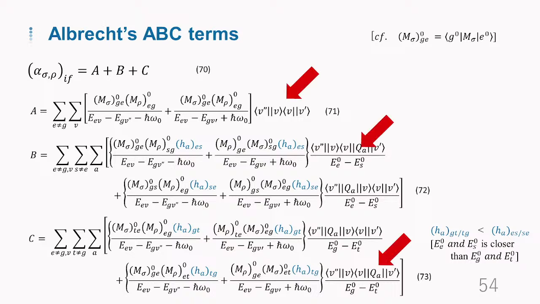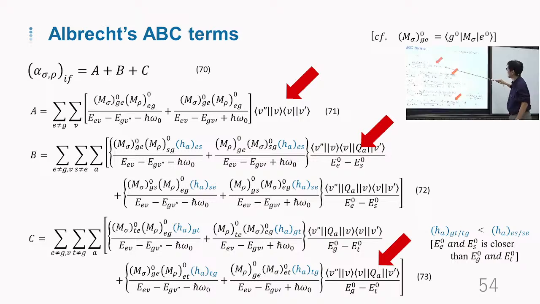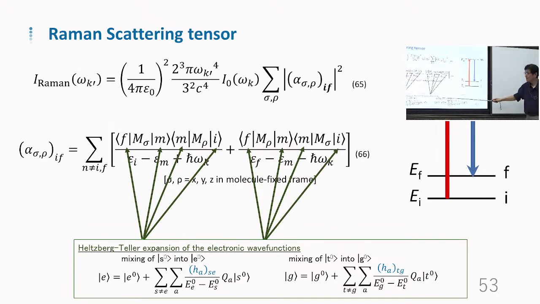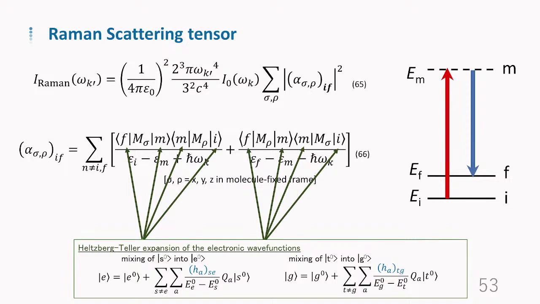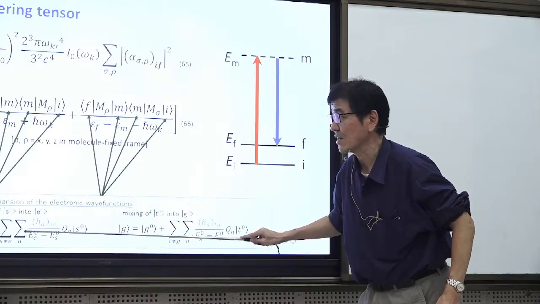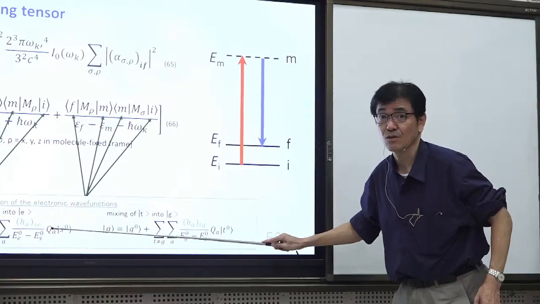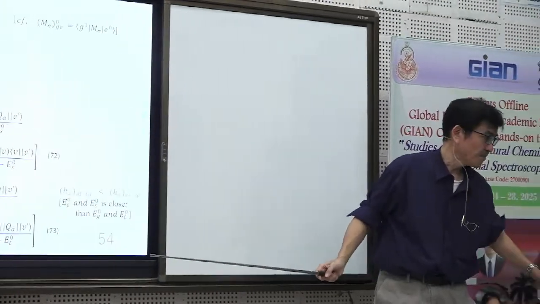A term is different from B and C. The electronic wave function consists of the main part and the additional part.